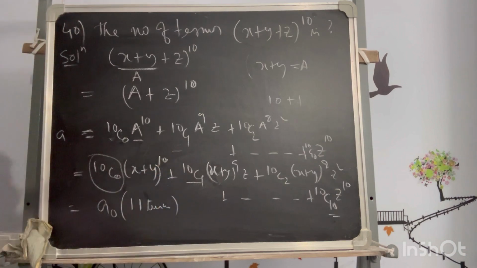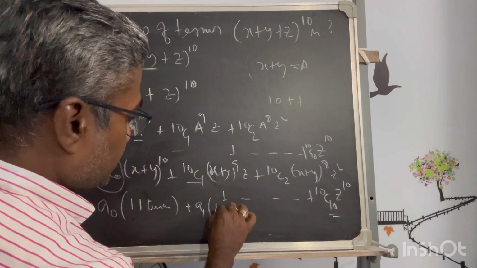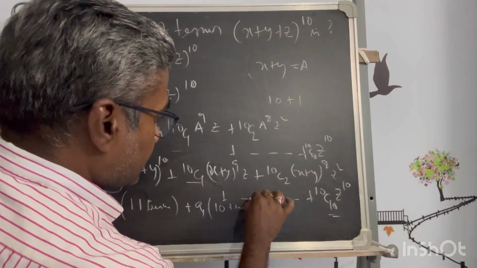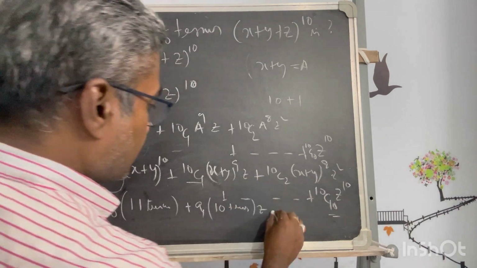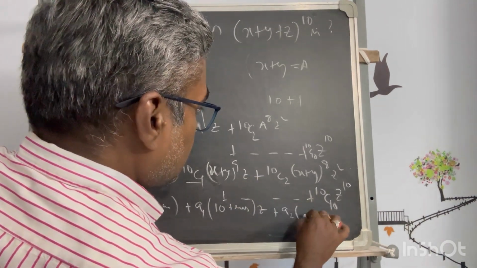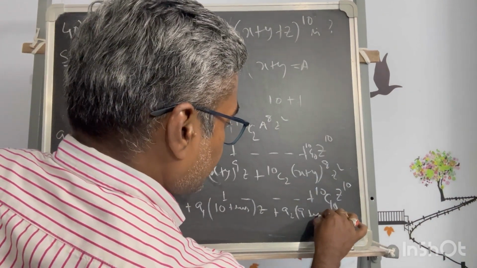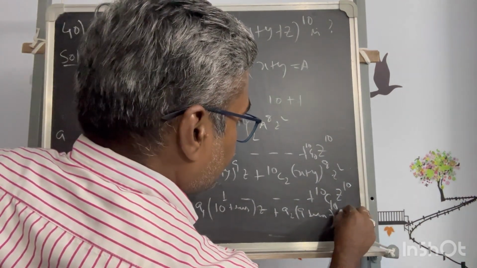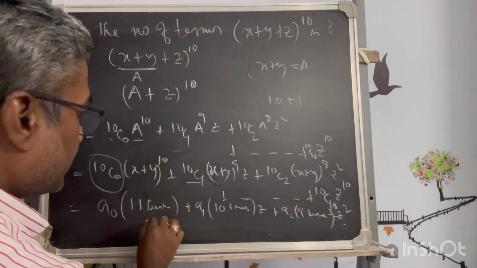So a0, some constant, into 11 terms will be there, plus the second, a1, how many terms? 10 terms, with some multiplication of a variable. The next, a2, how many terms? This is the power of 8, so this will be 9 terms, into some variable, and so on.